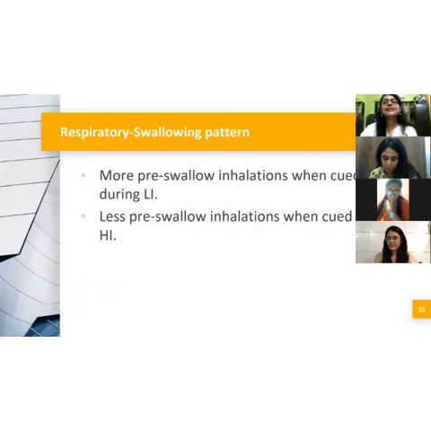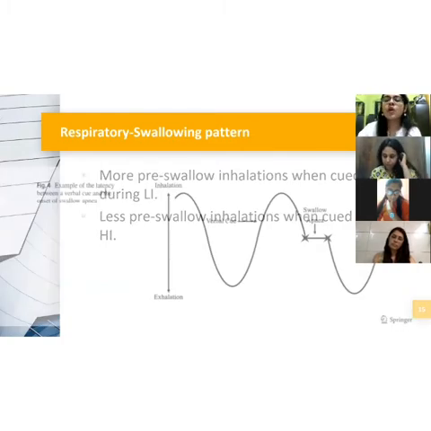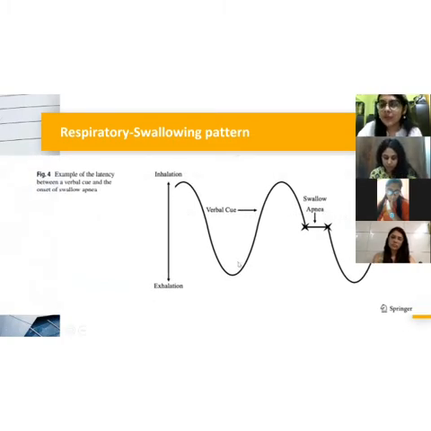Okay, so now let's go back to the results that we had found. Respiratory swallowing pattern: there were more pre-swallow inhalations when cued during LI. LI was low inhalation. At this point, at low inhalation, if I give a cue over here, considering the latency, my swallow apnea or my swallow is going to happen somewhere around here, which is not normal, right? We cannot swallow during an inhalation phase.